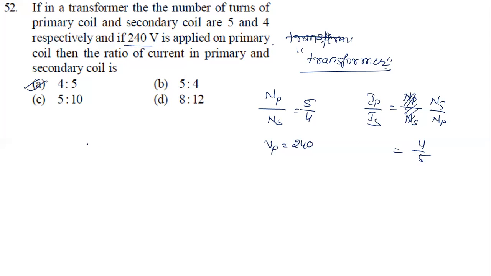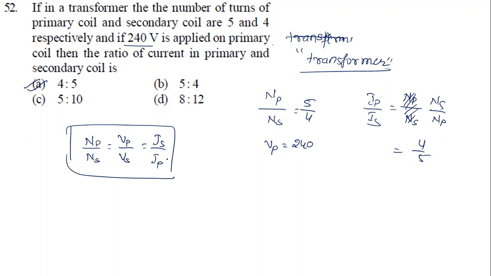Remember this formula: NP by NS equals VP by VS equals IS by IP. Using this formula, we get the answer.